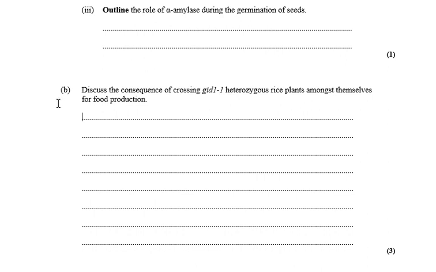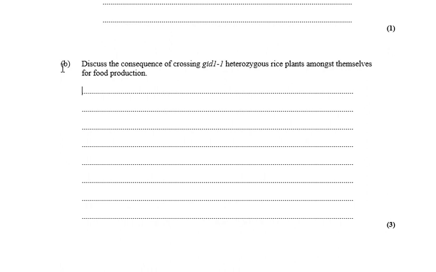Okay, here we approach our first high-level question from this question. It says, discuss the consequence of crossing GID1-1 heterozygous rice plants amongst themselves for food production. Okay, so this word discuss, what does that mean?